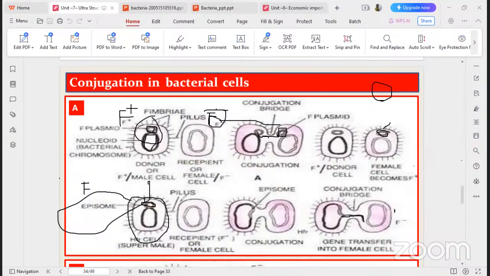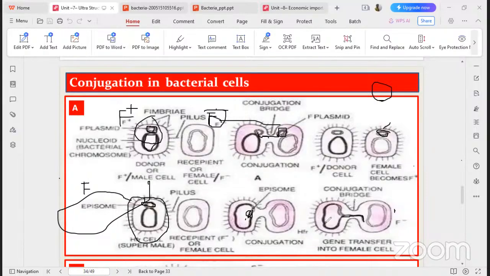What happens in HFR plus F minus? Here the episome mixes with the actual genetic material.